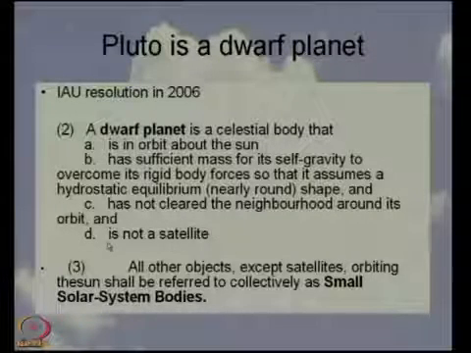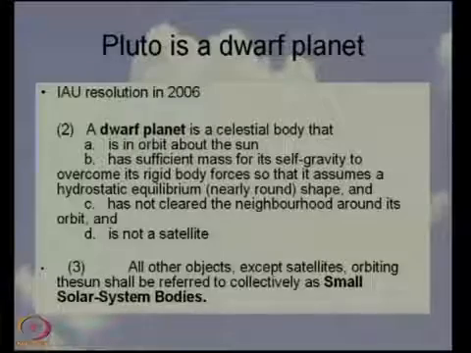So, if you have an object that goes around the Sun which looks like a planet, it is spherical, it has overcome other forces and is in hydrostatic equilibrium under its self gravity, but it has not cleared its orbit of other objects, then it is called a dwarf planet.